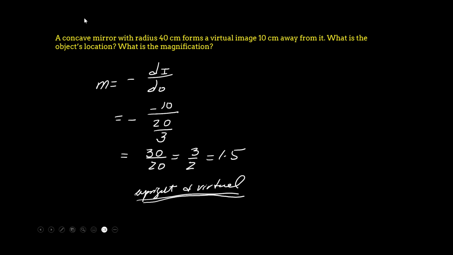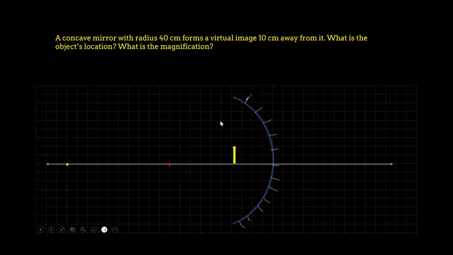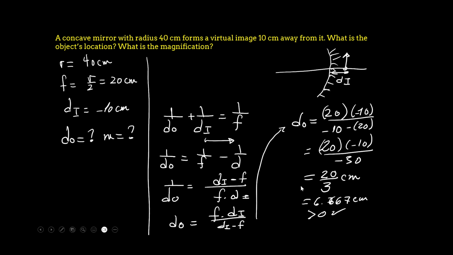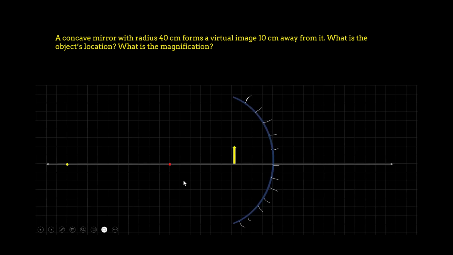So let's go ahead. Virtual, they even gave it to us. Let's see if that is supported by the ray tracing. So here's my object. I start with my object at around 6.667. Each of these is 2 units, so 1, 2, 3, that's 6, that's 9.